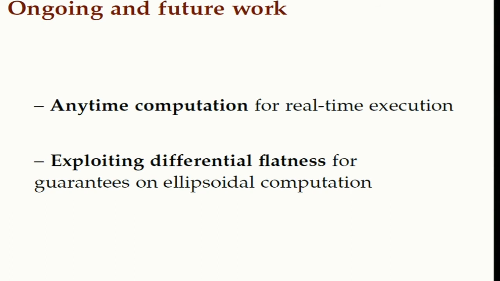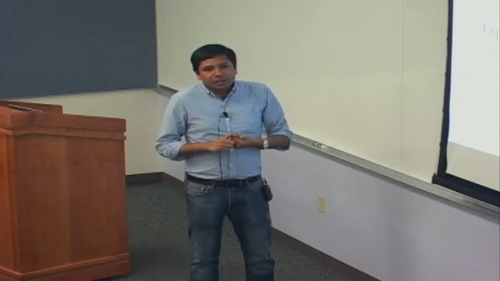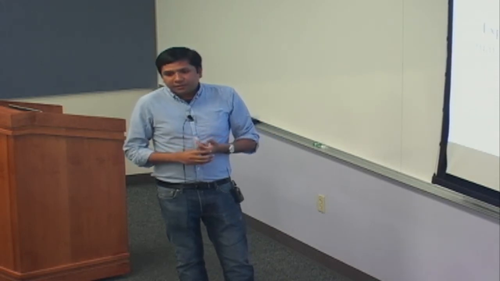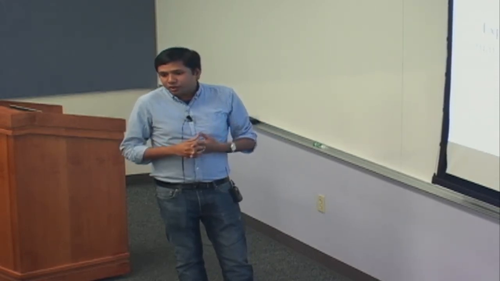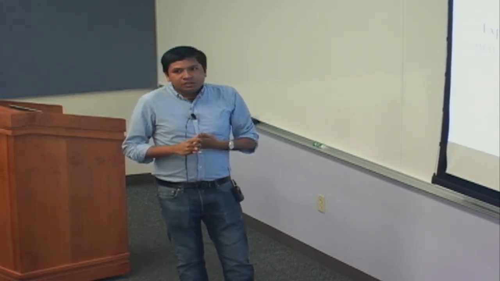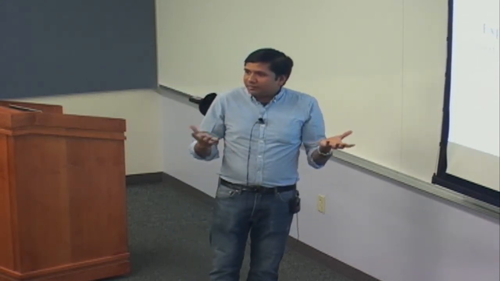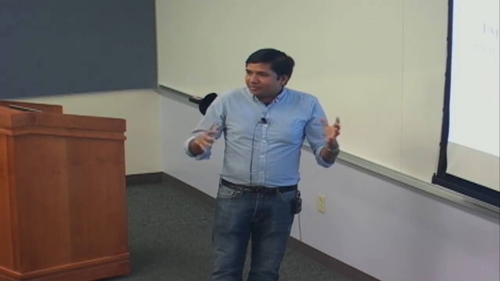Anytime computation takes some existing algorithm and tries to make it a real-time executable algorithm by adjusting the quality of the answer, trading off quality depending on how much computational time you have available. Remember, no matter how large n is, even if I take n equals 1, I'm always safe because it is already computing a minimum volume outer ellipsoid.